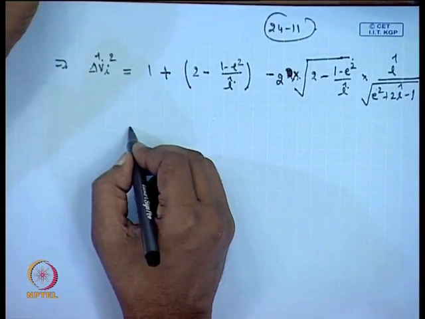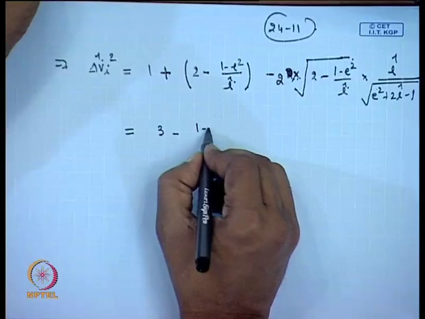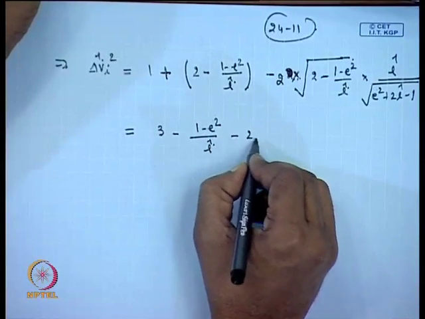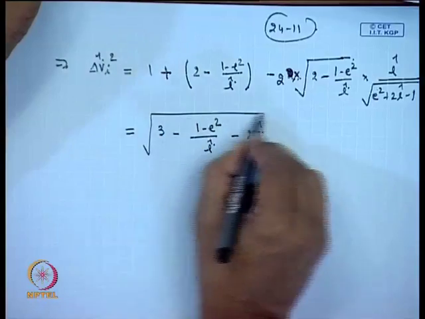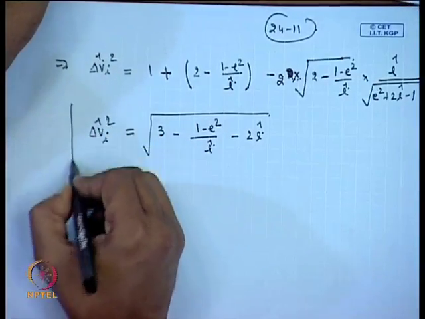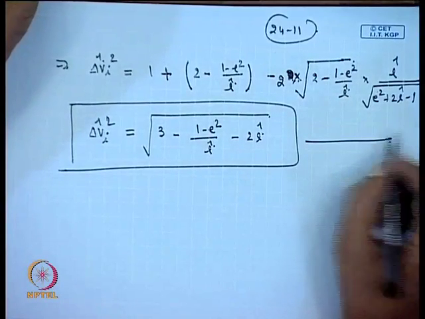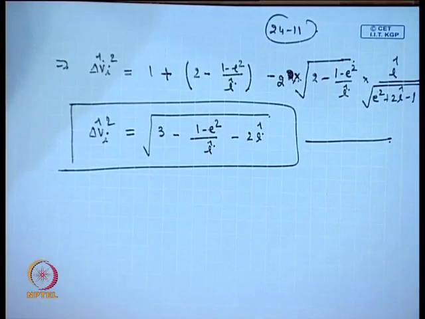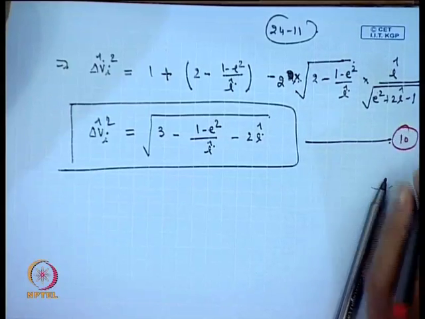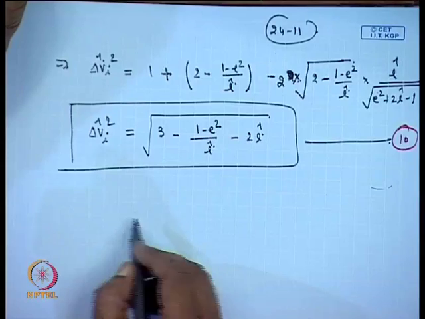Okay. And then simplifying, this will give you 3 minus 1 minus E square, this is our equation number 10.